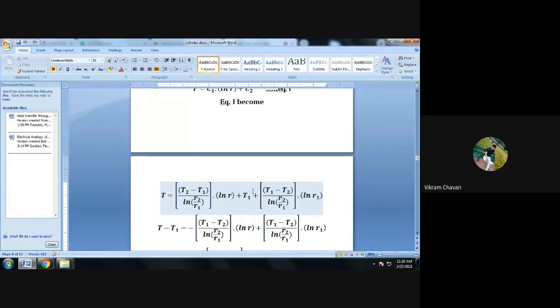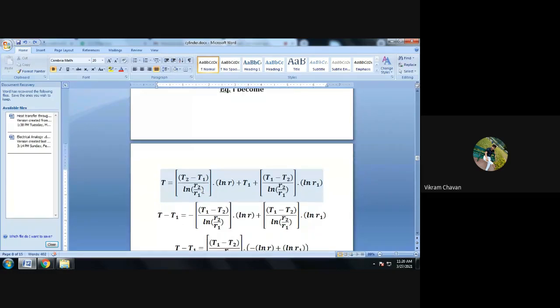Now here you can see that the C1 term is in the form of T2 minus T1, whereas the C2 term has the temperature difference T1 minus T2. So to match the format, we have taken the minus sign common from the first term, so minus T1 becomes plus T1 and plus T2 becomes minus T2.